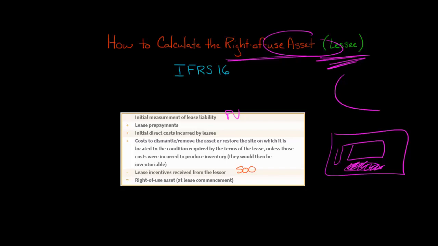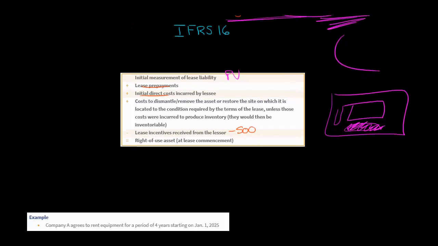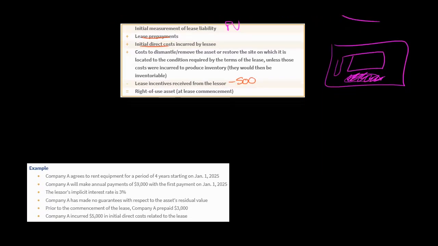So that would be an incentive from the lessor to the lessee that would be subtracted when calculating the right-of-use asset. So, pretty straightforward. You start with the initial measurement of lease liability, add prepayments, initial direct costs, any costs of restoring the site, dismantling equipment, and then you subtract incentives received from the lessor, and that will be the initial measurement of the right-of-use asset, and that will go on the lessee's statement of financial position.